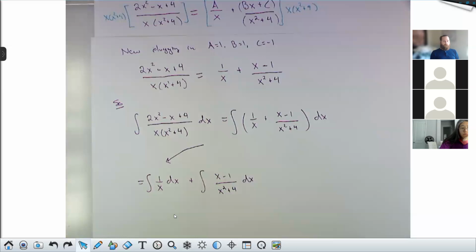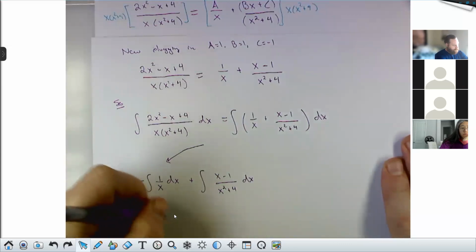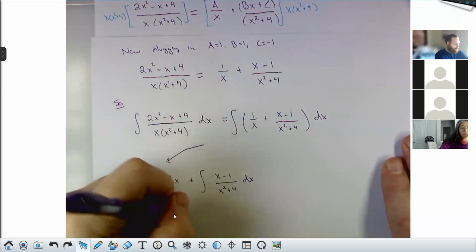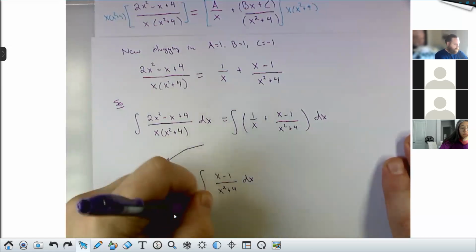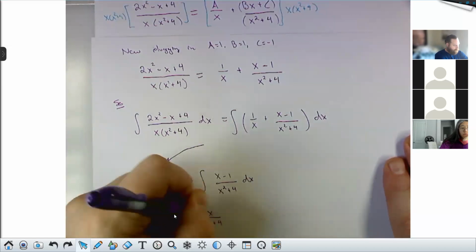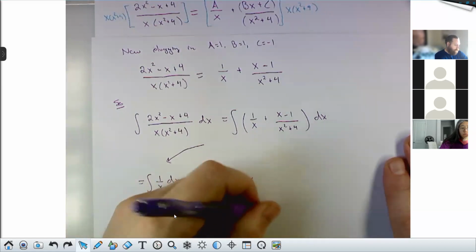Very good. Everybody see the suggestion in the chat? We can split it up as x over that stuff minus 1 over that stuff. So I'll just write it. This is the natural log of the absolute value of x. That's the integral of 1 over x. Plus the integral of x over x squared plus 4 minus 1 over x squared plus 4 dx.